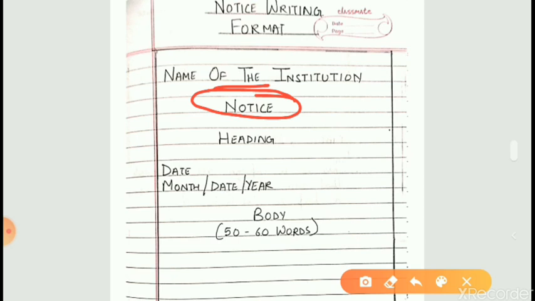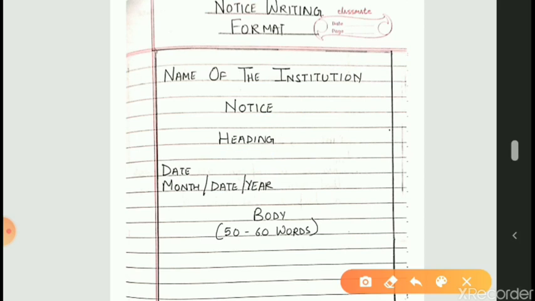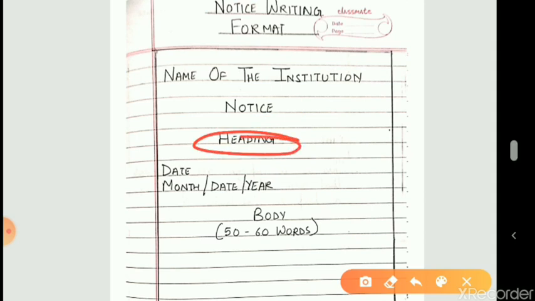Then, students, again you need to leave the line and then you need to write the heading. You need to write the heading after leaving the line, and the heading should also be taken from the question only. Give an appropriate heading depending upon the subject of the notice. For example, if you're writing a notice on something lost, you'll be mentioning lost.